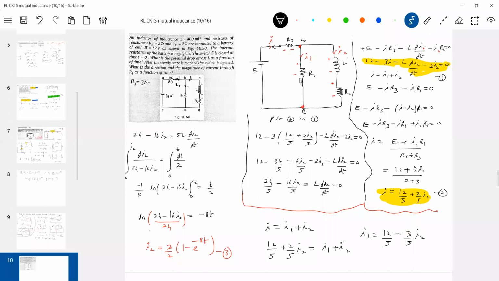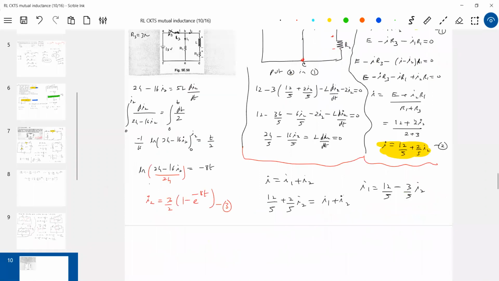This is very important. Sir, there's no inductor in this branch, so a constant current should flow? No. The potential difference here varies, so the current through the coil will be varying, and here also it will be varying. So let's write an expression for I1.